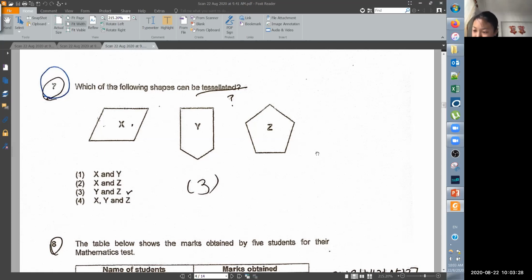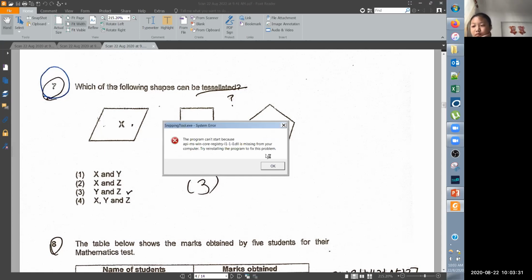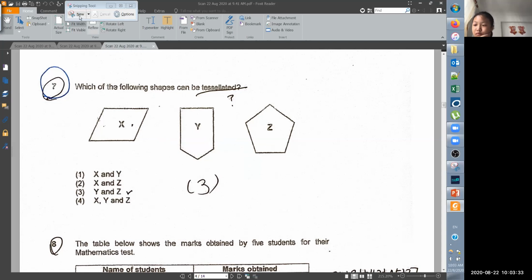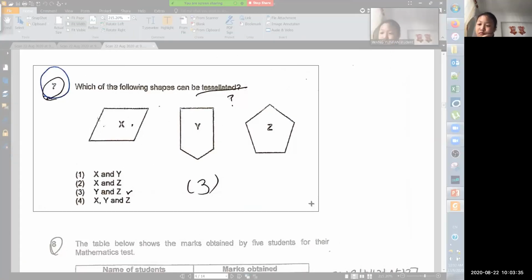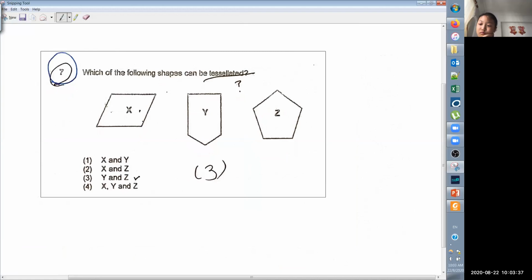Okay, let me get this question out. Tessellation. So let's look at this Z first. So the Z, you can actually have this is 1, 2, 3, 4, 5, right? So 5 of them. So this is a pentagon, 5-sided.